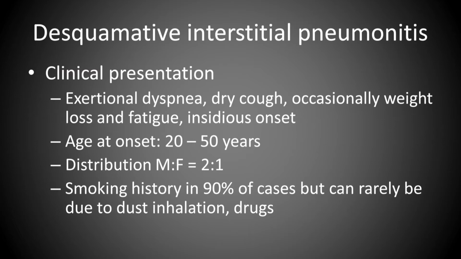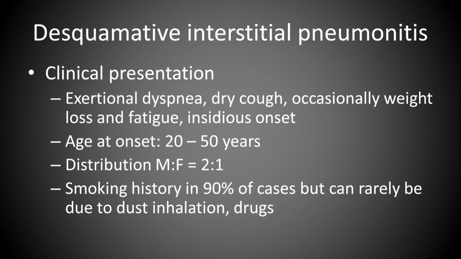But clinically, notice how all of this smoking-related lung disease presents pretty similarly to the pathologist and to the pulmonologist. They all have exertional dyspnea and a dry cough. Now, this patient may occasionally have some weight loss and fatigue. There's an insidious onset. Patients are typically 20 to 50 years at onset, men 2 to 1.